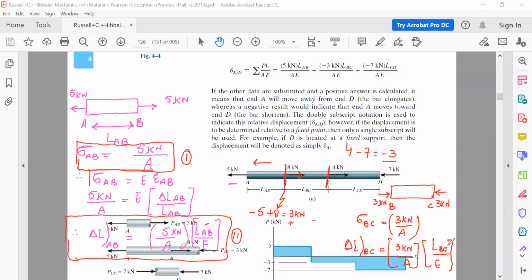But look, since 3 kilonewton in the section BC will try to cause compression in the rod, it will tend to decrease the length. I had already stated that this change in length is to be taken as negative. So we'll be writing here negative.